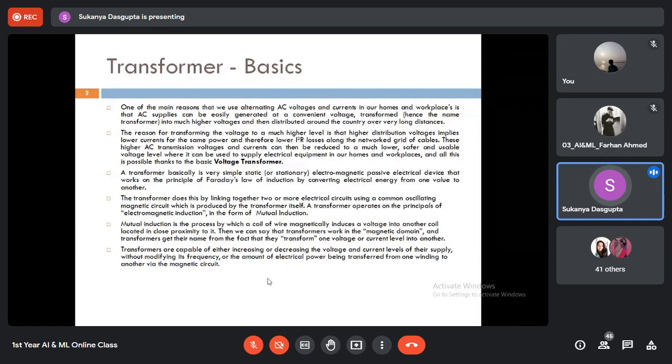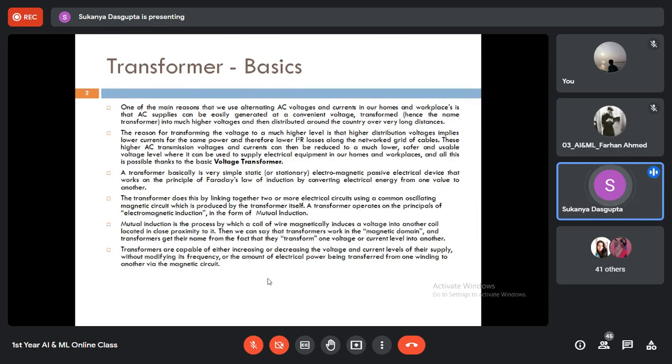Because in case of transformer working, there will be no change of power either at the primary side or at the secondary side. I'm coming to the primary and secondary windings of the transformer later on. But for the time being, you just understand that it contains two windings. One is called primary and another one is called secondary.